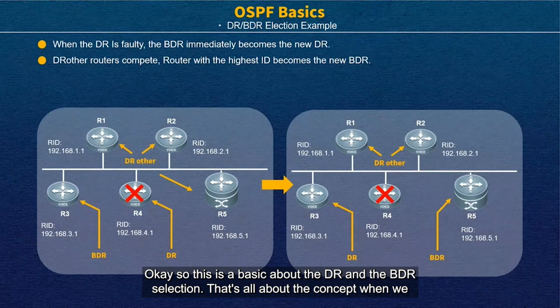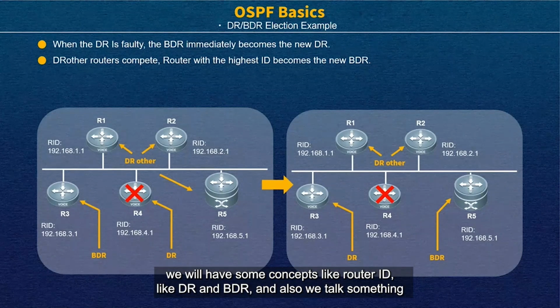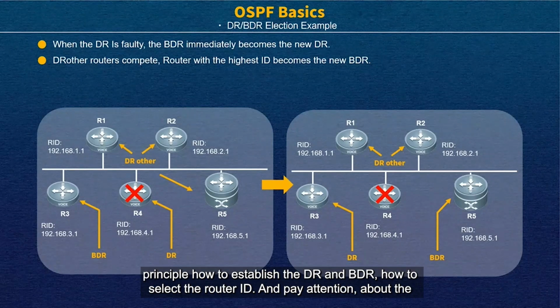Okay, so this is a basic about the DR and the BDR selection. That's all about the concept when we send out the hello packet and establish the neighbor relationship. And in this process, we will have some concepts like the router ID, like DR and BDR, and also we talk about some principles, how to establish the DR and BDR, how to select the router ID.